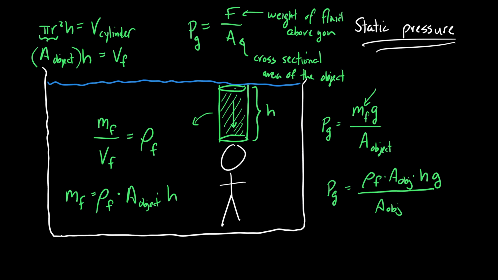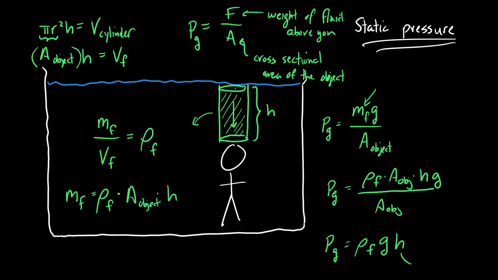Right, just substituted it in. And it's clear the area of the object cancels out, doesn't it? So we get the gauge pressure equals rho g h, in a slightly different order because this is the order of the letters on your equation sheet.